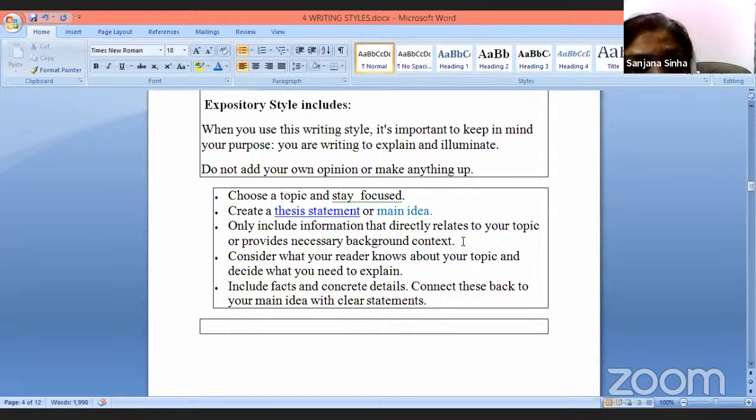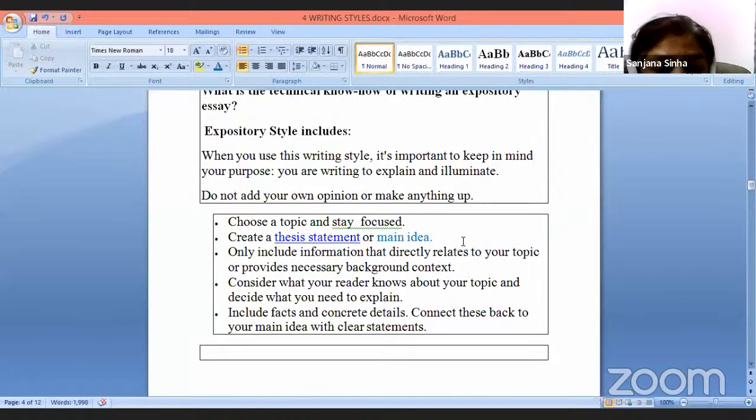Keep in mind, consider what your reader knows and what you need to explain.